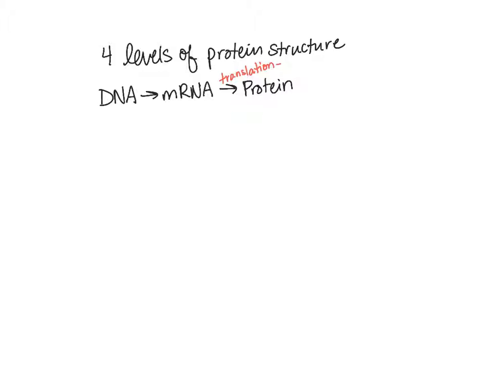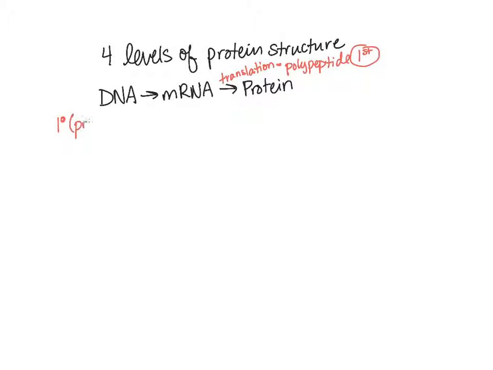What we get at the end of translation is something called a polypeptide. And the polypeptide is actually the first level of a protein structure. So we call that the primary level or the primary structure of proteins. And we can designate that by writing the number 1 and this little degree-type circle, which just means primary.